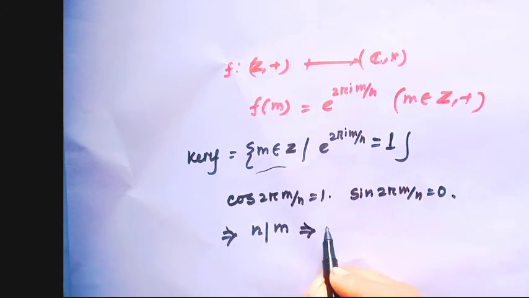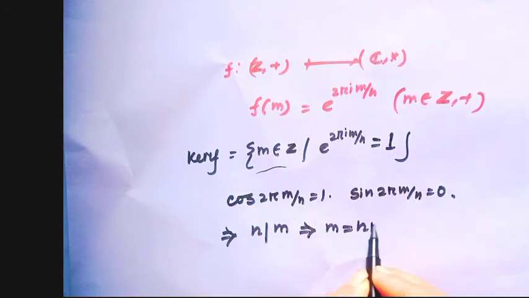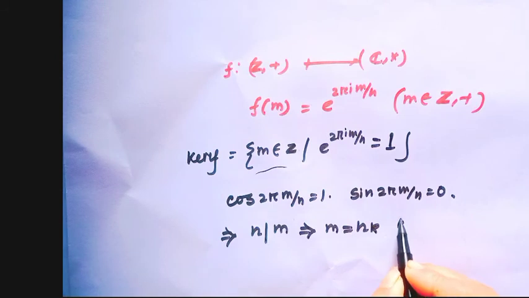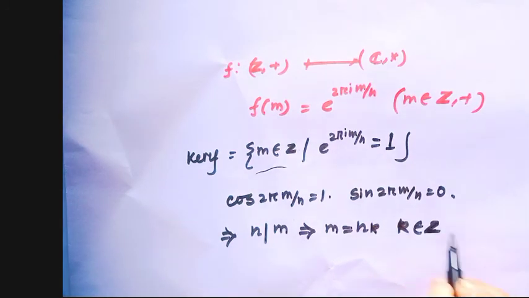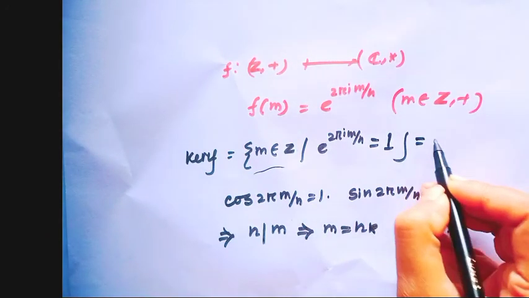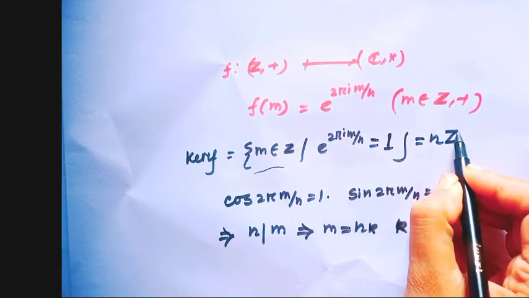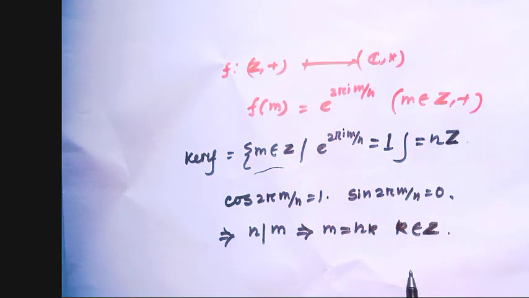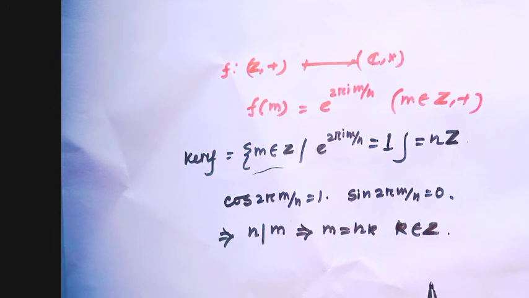That means m equals n times k, where k is any integer. So, what would be the kernel of f? This is just nZ. That means all multiples of n are members of the kernel of f.